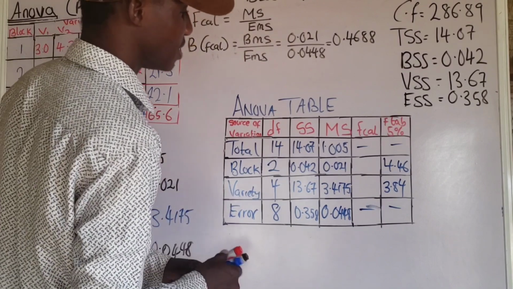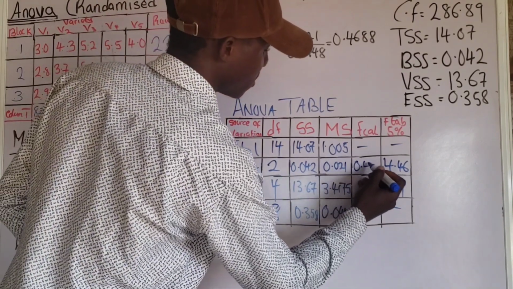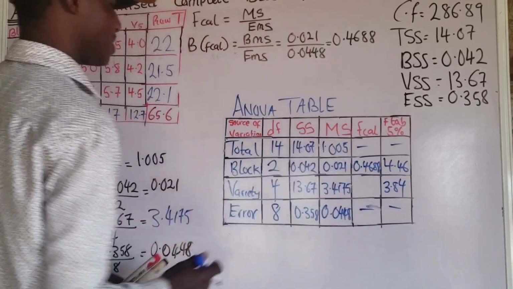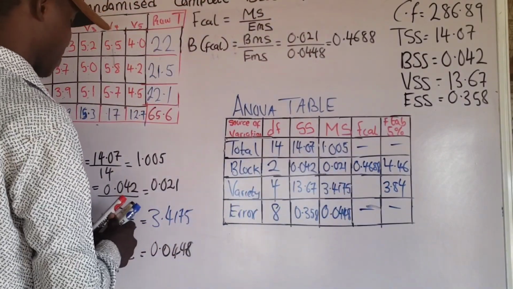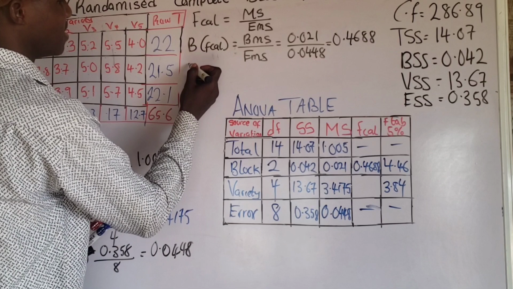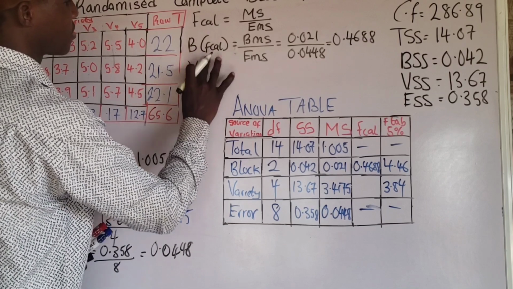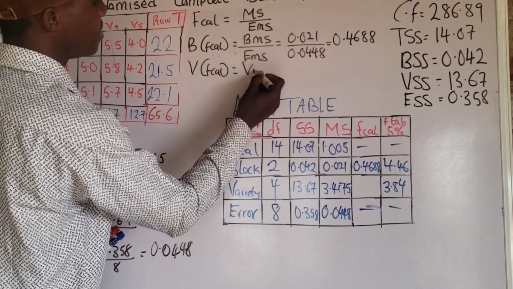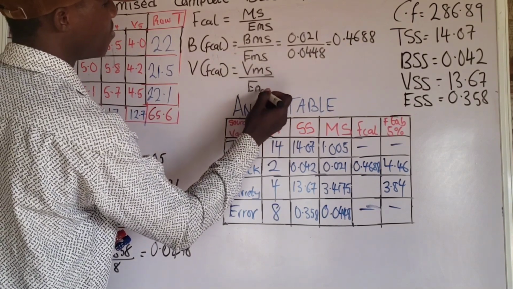So here I'm going to have 0.4688. Now let's determine the variety F cal. The F calculated for variety is equal to variety mean squared all over error mean squared.